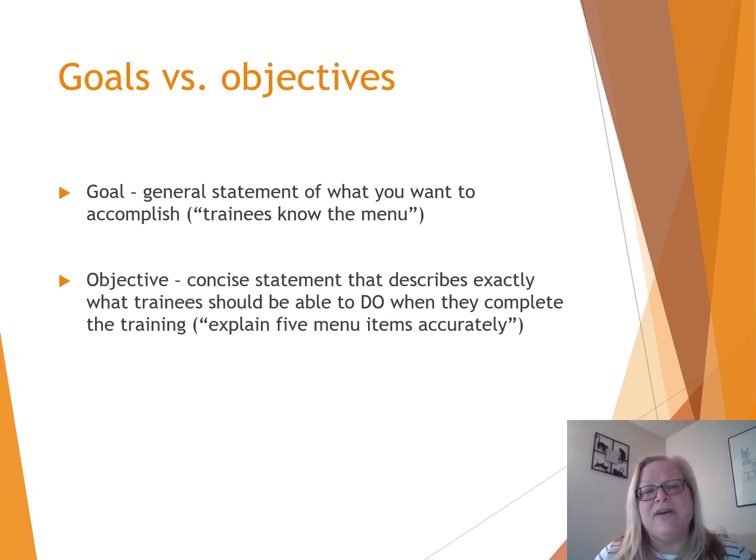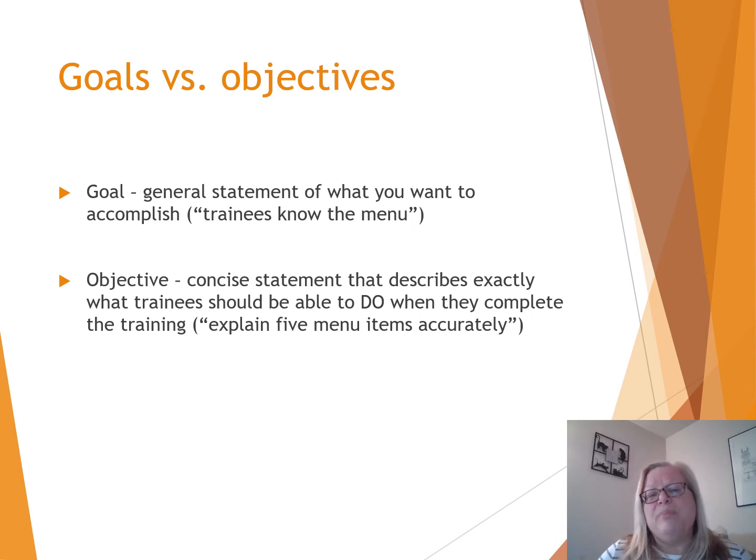On this slide, I've given you another example of the difference between goals and objectives. If you were a restaurant manager, one of your goals might be that trainees know the menu. Okay, so you're training new waiters and your goal is that they know the menu. But how do you break that down into steps? How do you measure that?